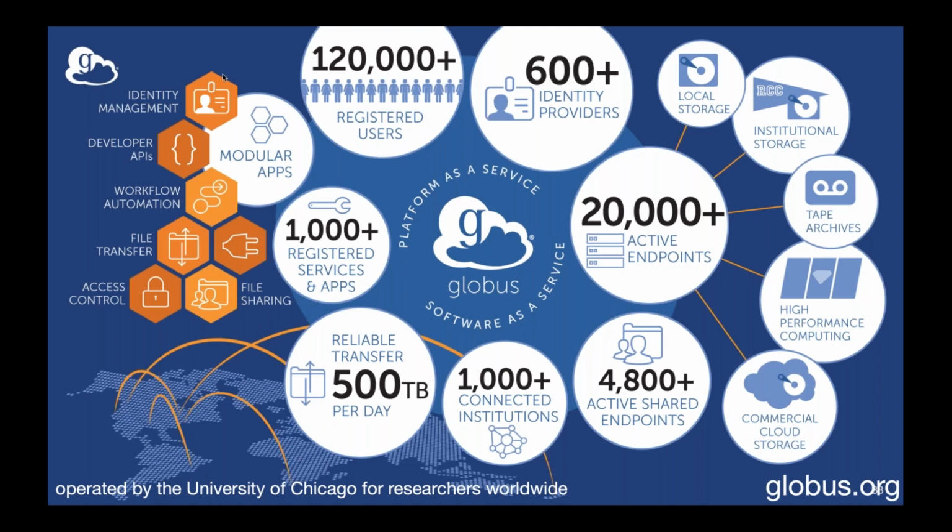In the upper left, we show the APIs that Globus provides, and I've talked about some of these, but not all of them. Identity management is what allows me to associate with my Globus identity the fact that I have a University of Chicago ID, an ORCID ID, and an Argonne Leadership Computing Facility identity.